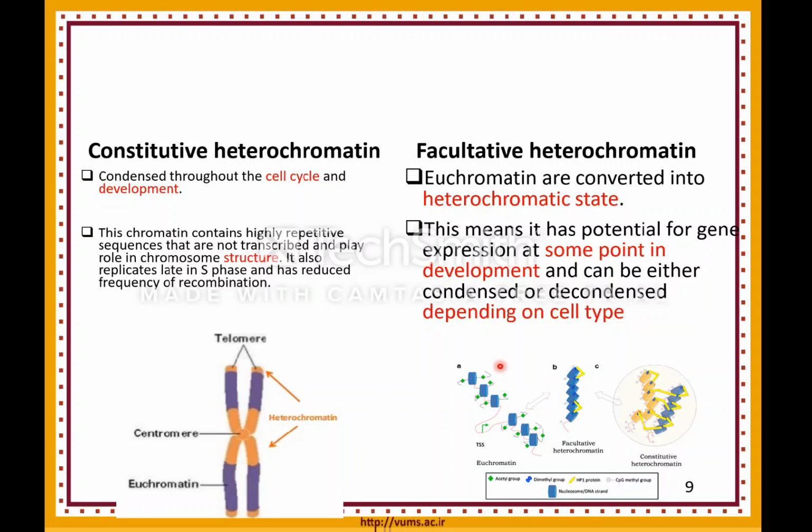Heterochromatin in the cell is again divided into two types. One type is constitutive and another type is facultative. Constitutive heterochromatin is condensed throughout the cell cycle and development, and its function is mostly structural. But facultative heterochromatin can convert to euchromatin and euchromatin can convert to the heterochromatin state, and they have the potential for gene expression in development or in the cell cycle.